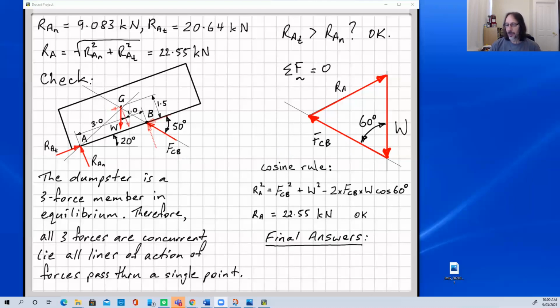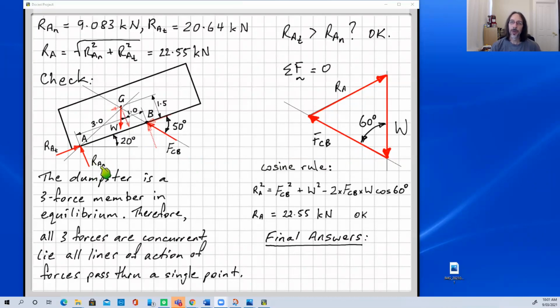That's using some of the answers that we've got. It's like substituting our values that we've just calculated back into some other equation. Another way we could check would be to take moments about point B here. In fact, we could have done that in our first moment equation in this instance, because RAT passes through point B. We would have found RAN straight away.